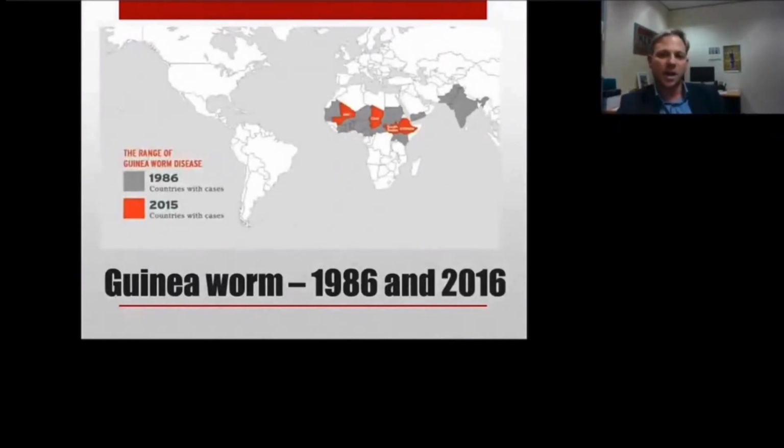Guinea worm, an entirely different story. Again, if you look at the map there, in 1986 it was across sub-Saharan Africa and India and Pakistan, but now gone from all of those countries bar 4. And even in those 4 countries, case numbers are very, very small.